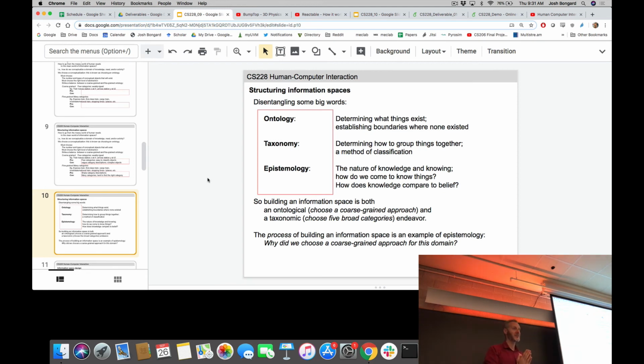The fact that they have a size at all is a part of the ontology. You sort your files on your computer from largest to smallest, and Crystal sorts hers from smallest to largest. You're both using the same ontology, but different taxonomies. You're organizing and grouping the information differently inside your two different information spaces.